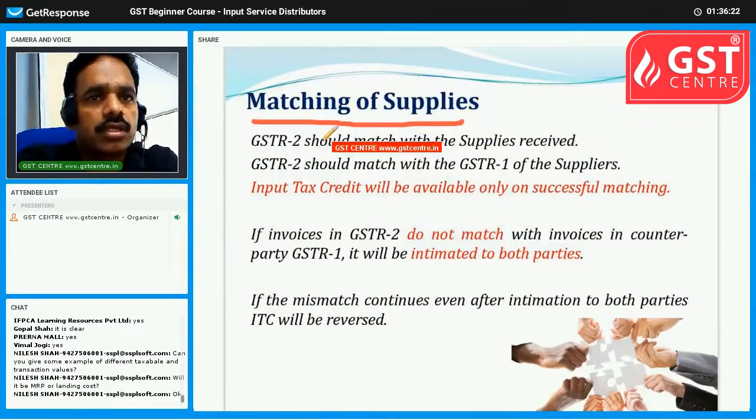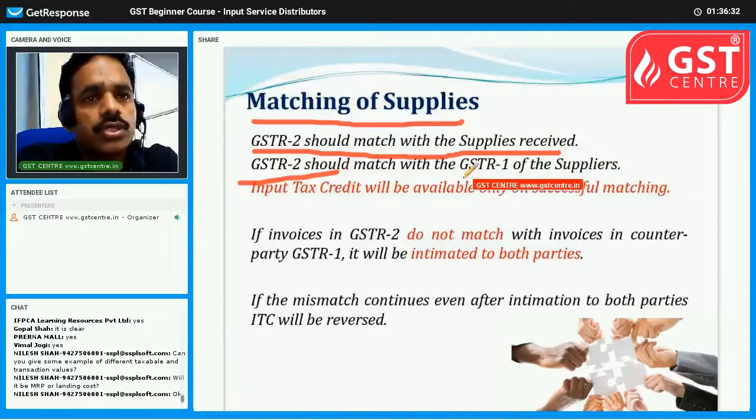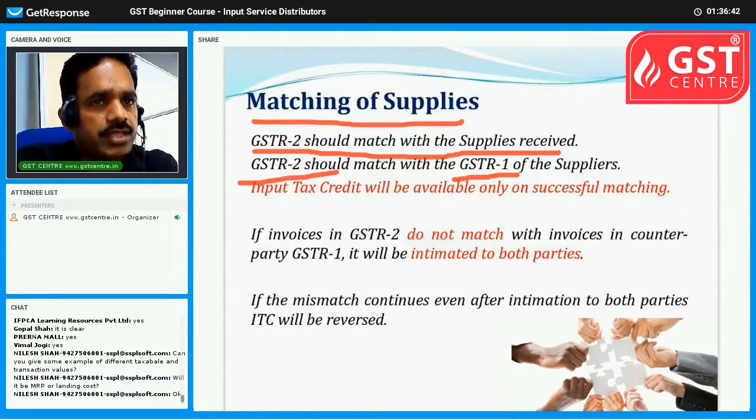Then matching of supplies. The important thing is GSTR 2 should match with the supplies received. That is, GSTR 2 should match with the GSTR 1 because GSTR 1 is filed by the supplier and it is auto populated as GSTR 2 in the dashboard of the recipient.